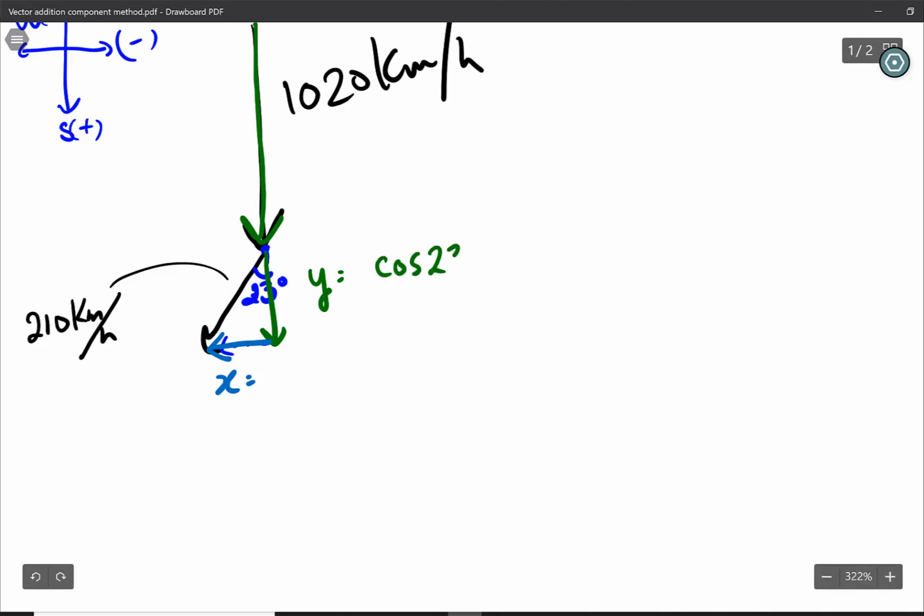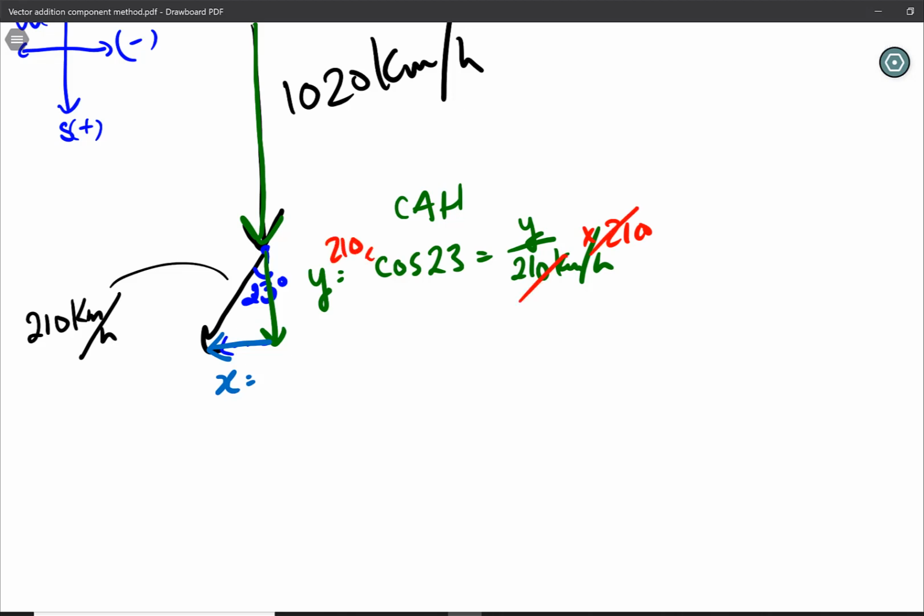Okay, so cosine of 23, and if you don't remember, SOHCAHTOA, CAH: adjacent, hypotenuse. So that is our adjacent y over our hypotenuse, 210 kilometers per hour. We solve for the y by multiplying both sides by the 210, and the kilometers per hour I should have there. And we get y is equal to 210 cosine of 23.